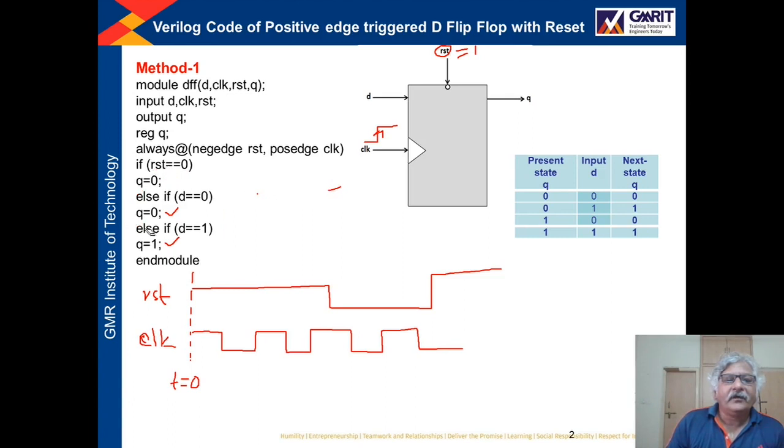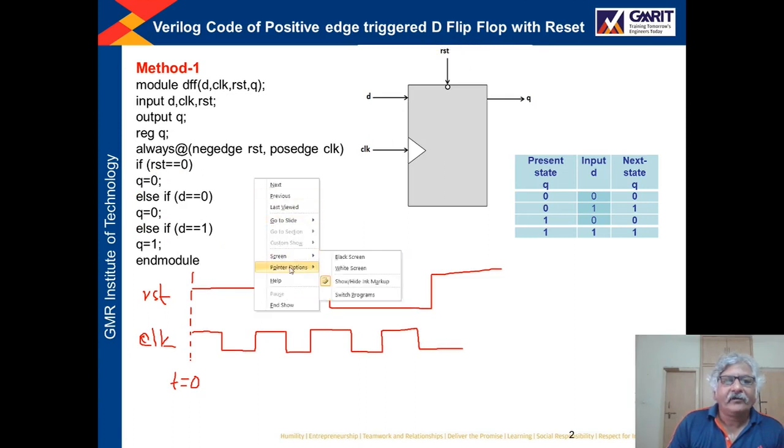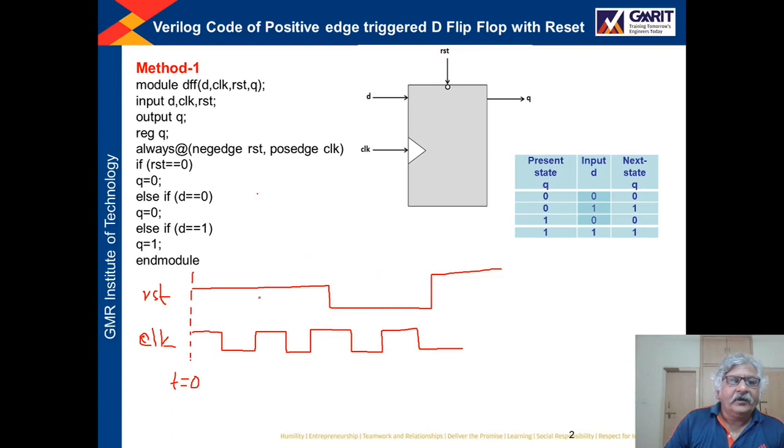Now let us see how this code is working. So suppose RST is 1 at simulation time t equal to 0, right? And clock is high. Now after certain time, clock will go low. So this is the negative edge on the clock.